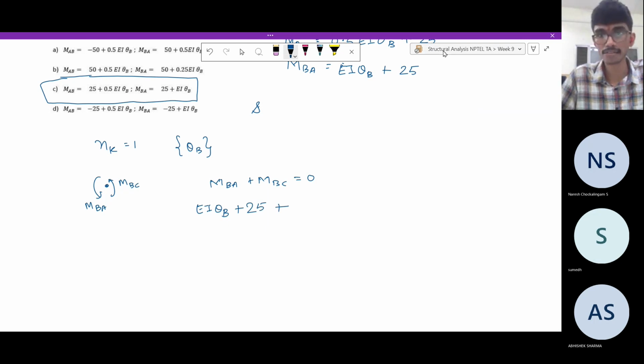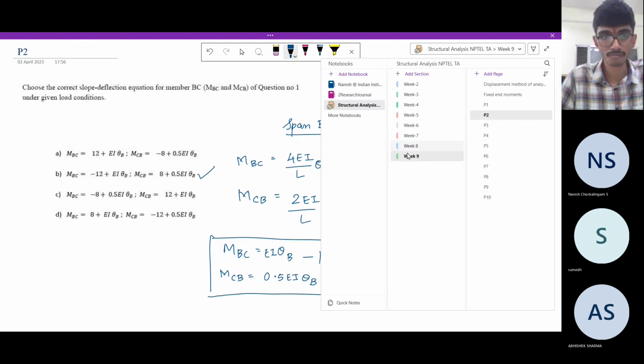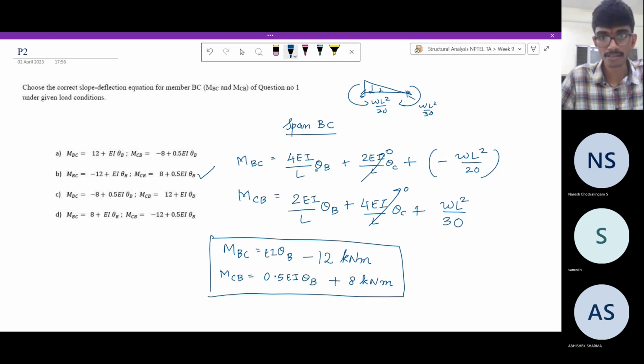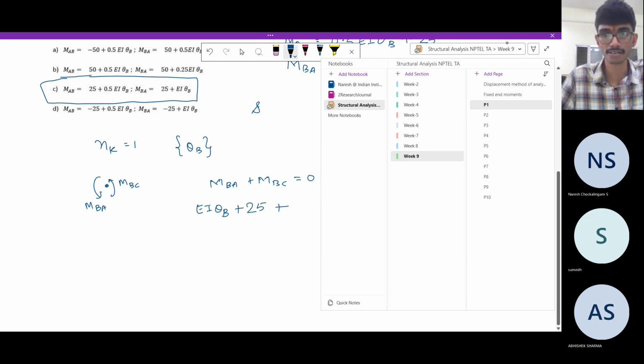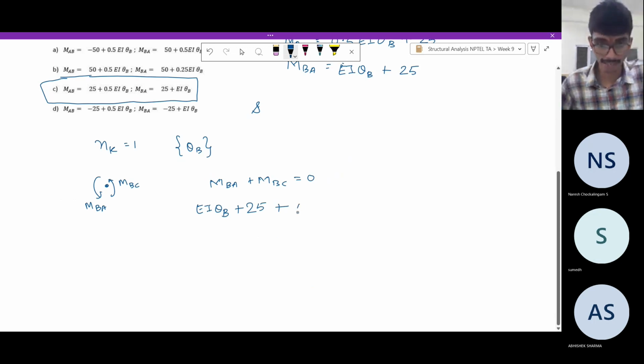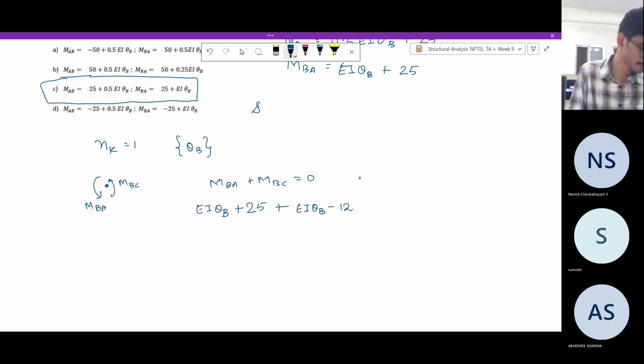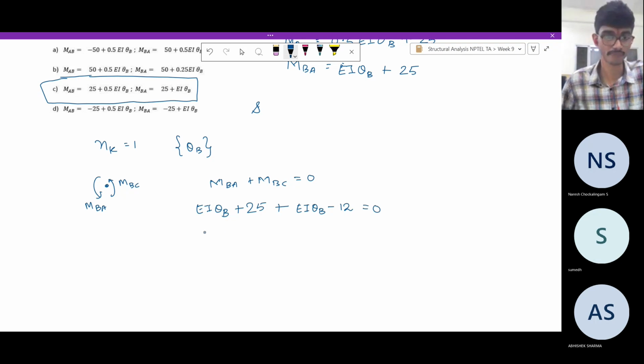And what is MBC? MBC I got as EI theta B minus 12. So I can put it here: EI theta B plus 25 plus EI theta B minus 12 is equal to 0.